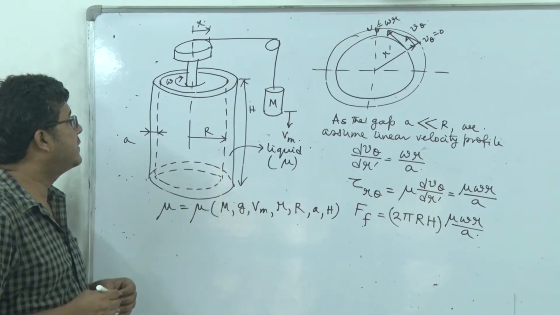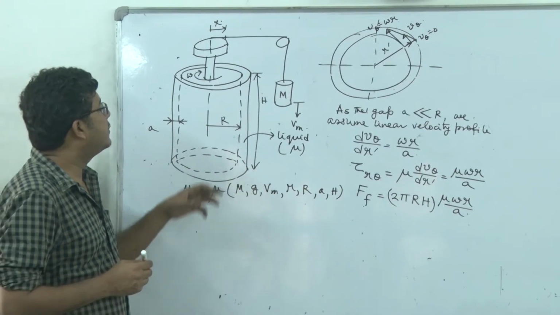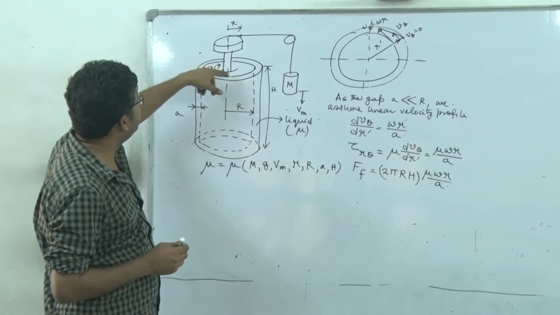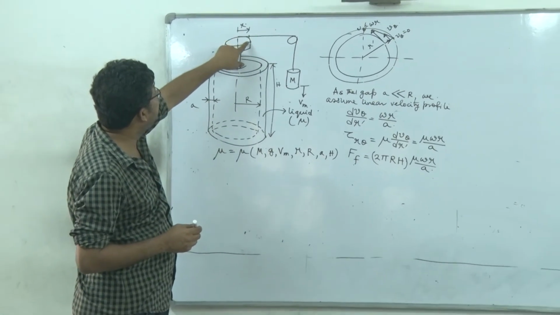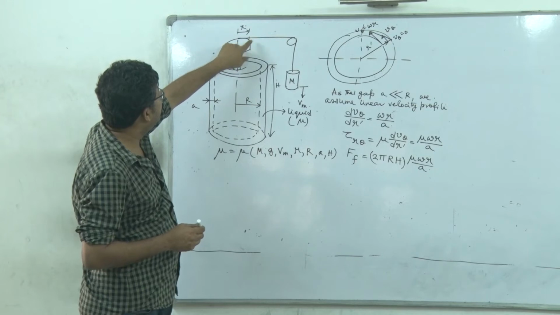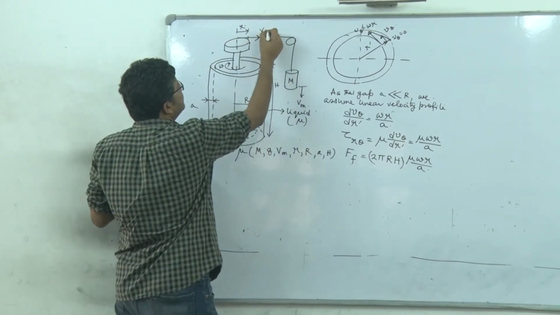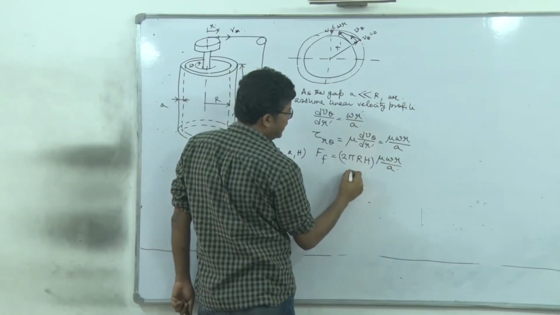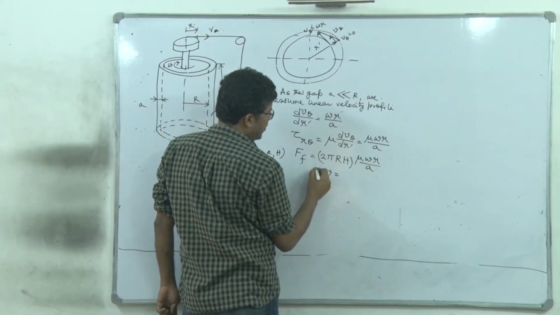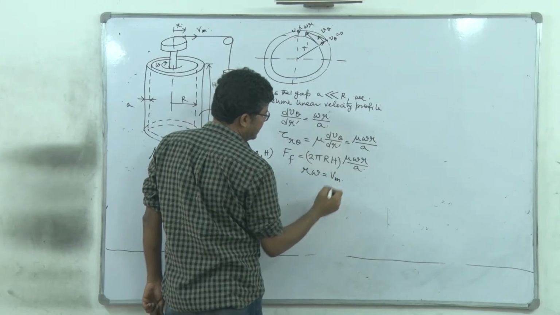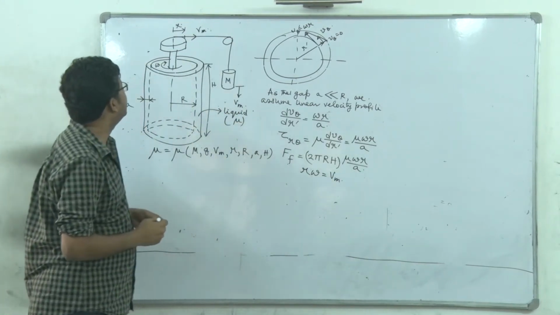Now the point is, if the inner cylinder rotates with omega, this is also rotating with omega, and this falls with the mass at Vm. So here also we will have a tangential velocity Vm. So it's obvious that omega into r is basically equal to Vm.